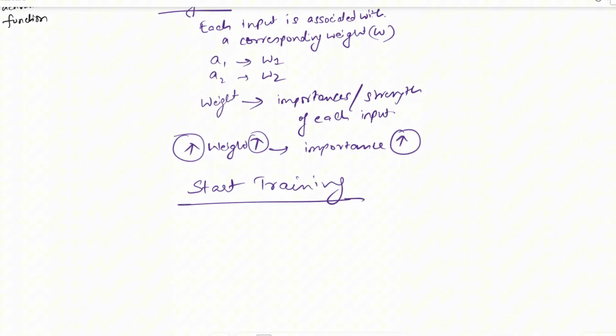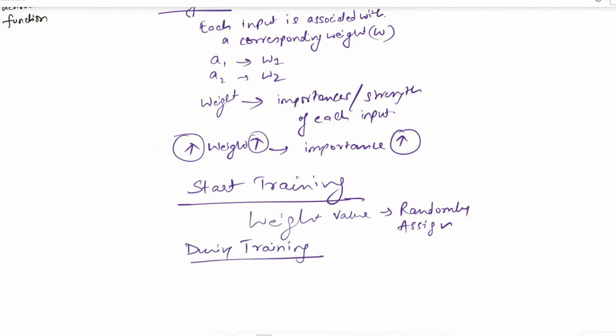Moreover, when we start the training, the weight values are randomly assigned at the initial stage. The system then learns the best weights automatically during training. So, when we apply a training algorithm like backpropagation or gradient descent, the weights will automatically get updated.